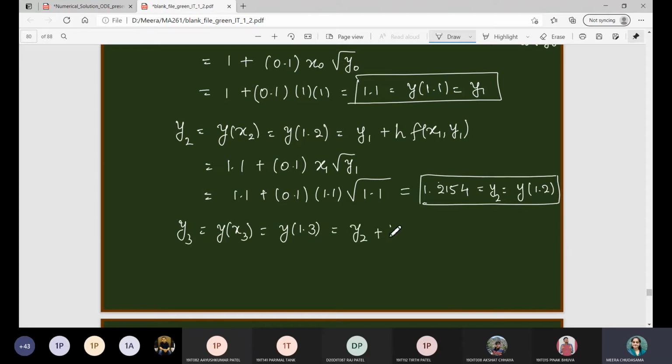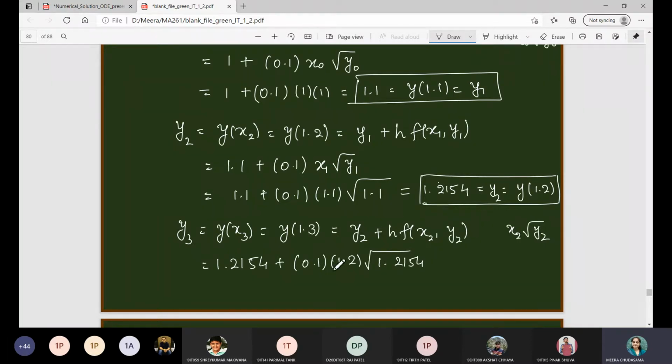By the formula it will be y2 plus h f at (x2, y2). y2 is the value we have computed, 1.2154, plus 0.1 as h, and f at (x2, y2) will be x2 into square root of y2. x2 is 1.2 and the iterated value we have to take in the square root.